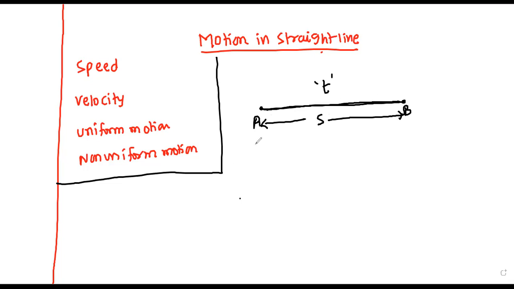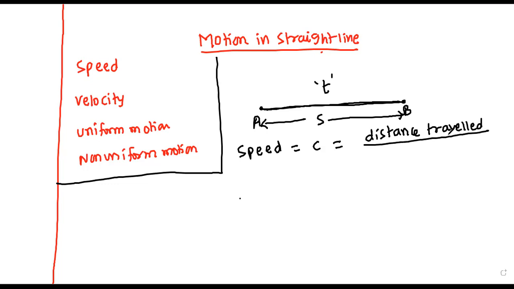So then speed can be defined as, generally speed is indicated with C. In some textbooks they will indicate it with V also. I will indicate with C. That is the distance traveled by the object or particle divided by the time taken.